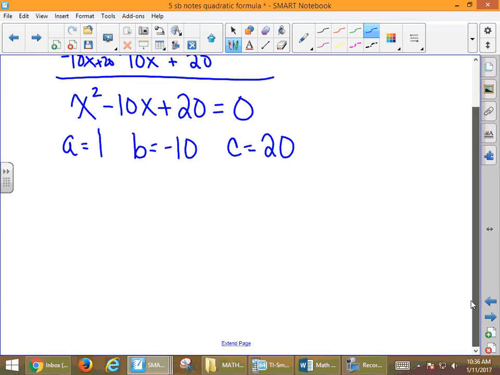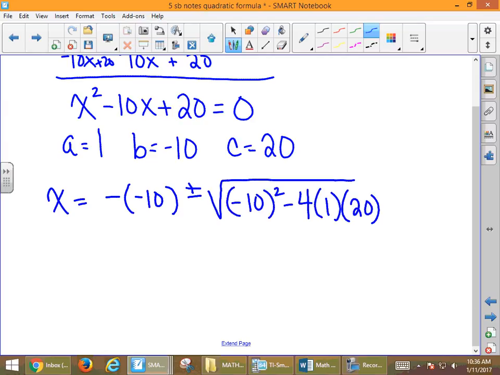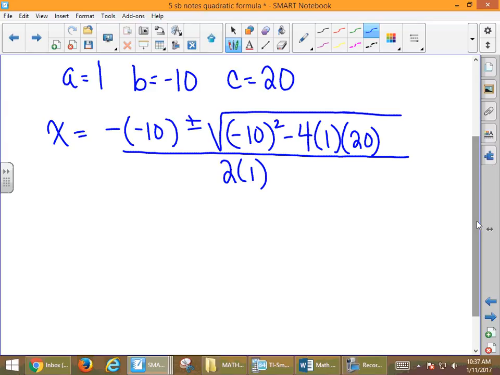We're going to fill this into the quadratic formula. The opposite of B, plus or minus the square root of B squared minus 4 times A times C, all divided by 2 times A. And once again, 2 negatives make a positive.